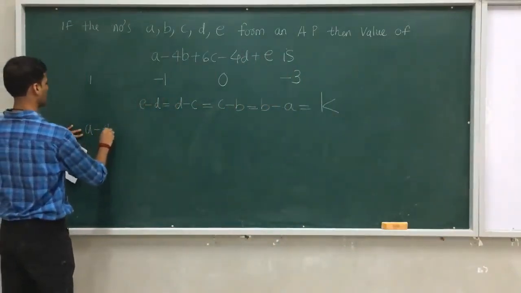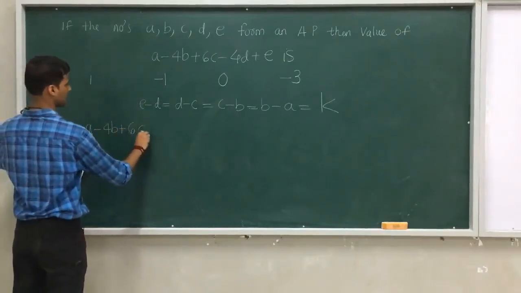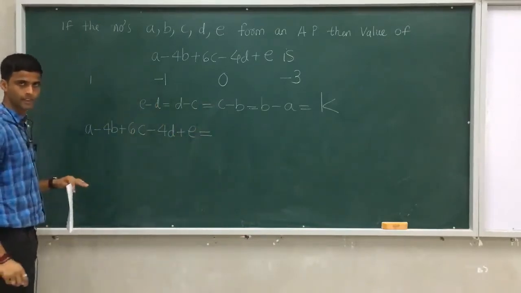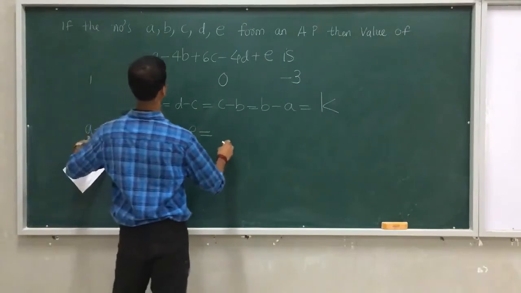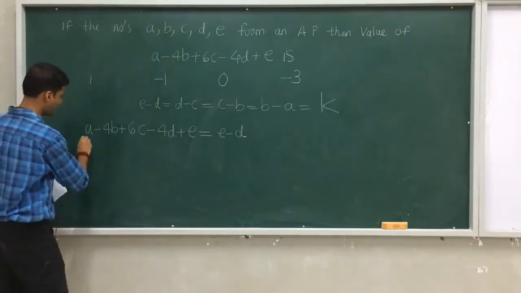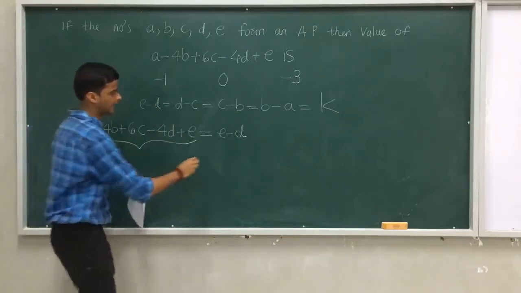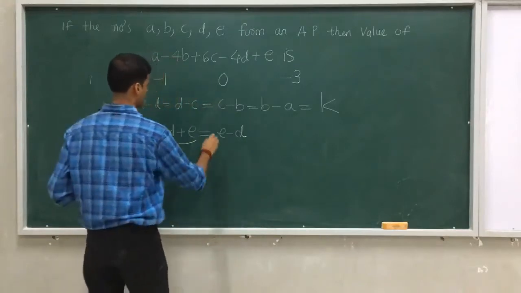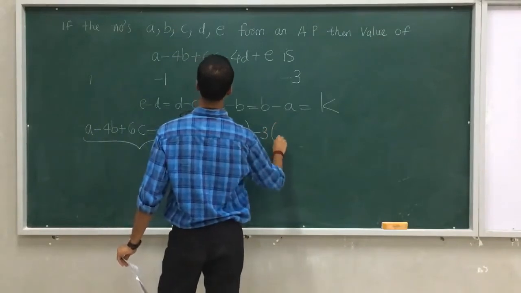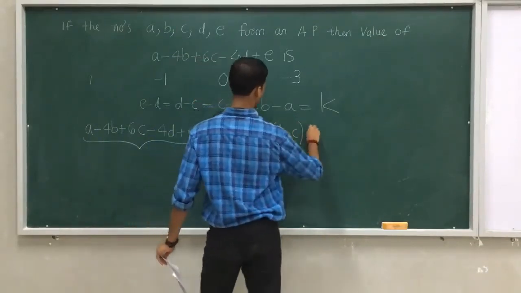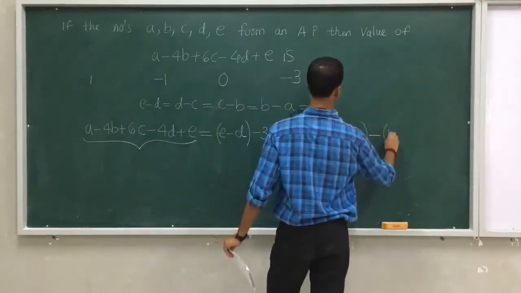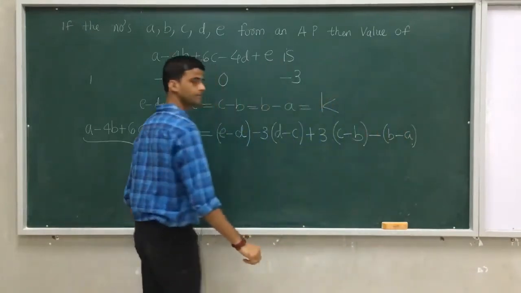A minus 4B plus 6C minus 4D plus E can be written as, I will express this whole expression in this style, after a rearrangement: E minus D minus 3 times of D minus C plus 3 times of C minus B minus B minus A. You just check.